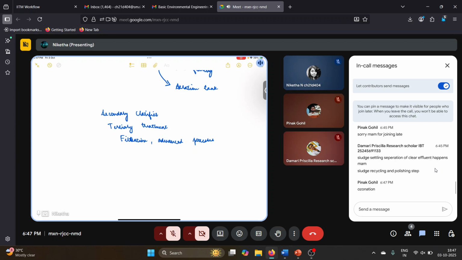Whatever sludge is generated can be used for making manure, and the filtrate water will again be redirected to the aeration tank. After filtration, again the reject will be there, just like how we get reject for RO. This will be redirected back to the aeration tank.